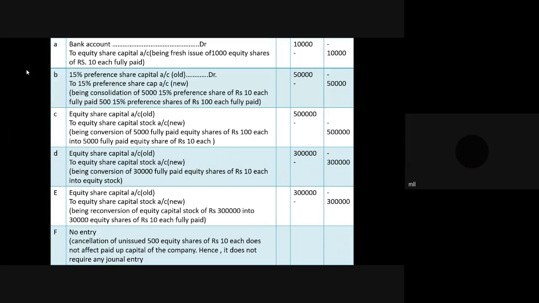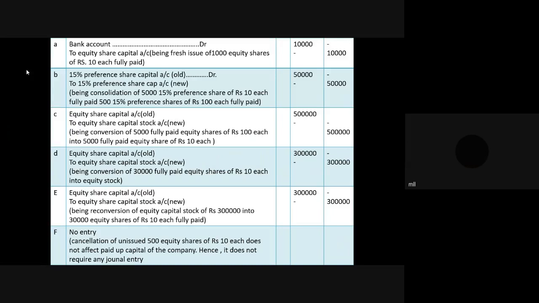Here equity share capital account debit rupees 3 lakh to equity stock account new credit, rupees 3 lakh, being conversion of 30,000 fully paid equity shares of rupees 10 each into equity stock. Here shares are converted into stock.